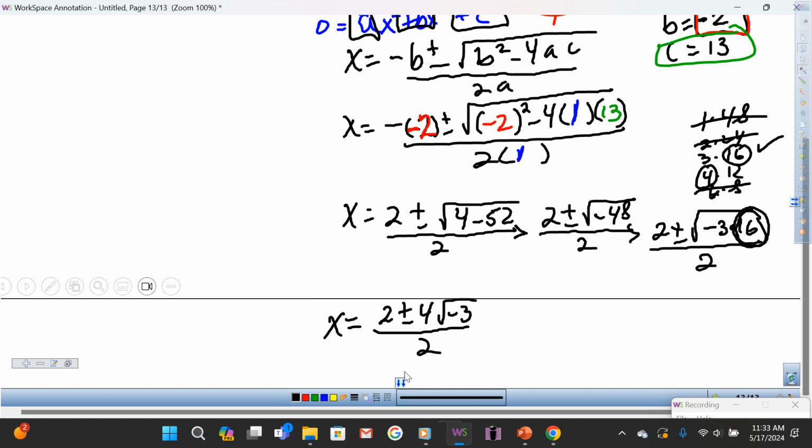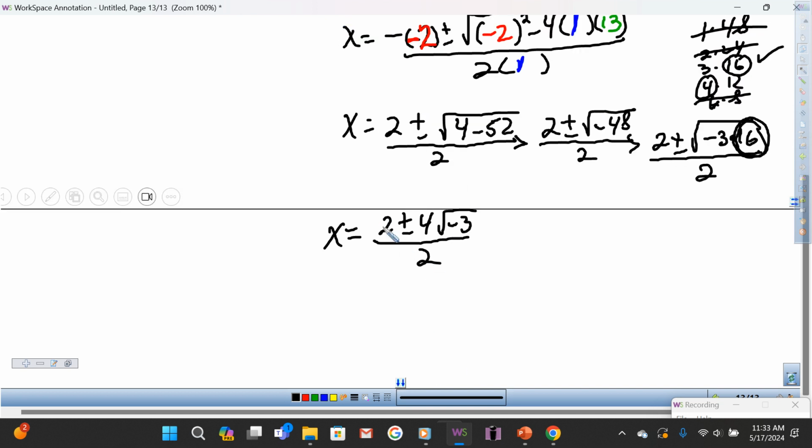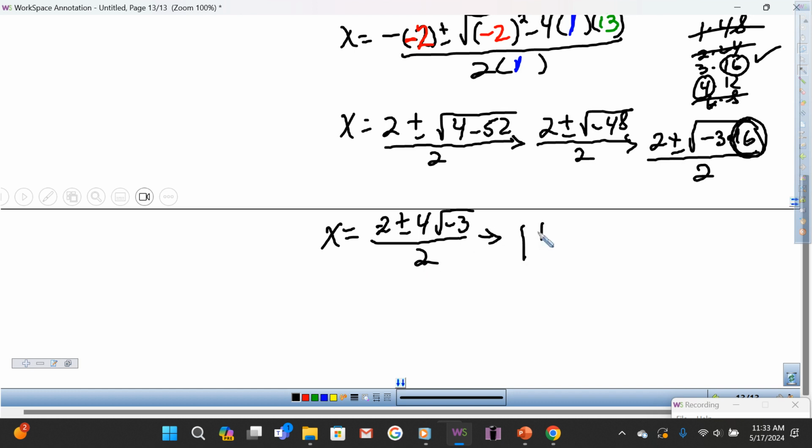And last but not least, can we simplify these two expressions right here, the 2 over 2 and the 4 over 2? Yes, Mr. Q. What is 2 divided by 2? 1 plus or minus. What is 4 divided by 2? 2 square root of negative 3.